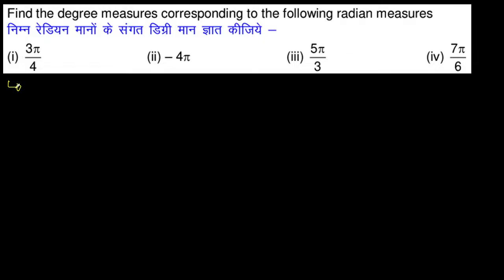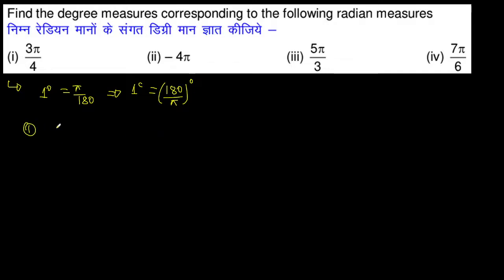Find the degree measure corresponding to the following radians. 1 degree is equal to pi by 180 radian, which tells us that 1 radian is 180 by pi degrees.